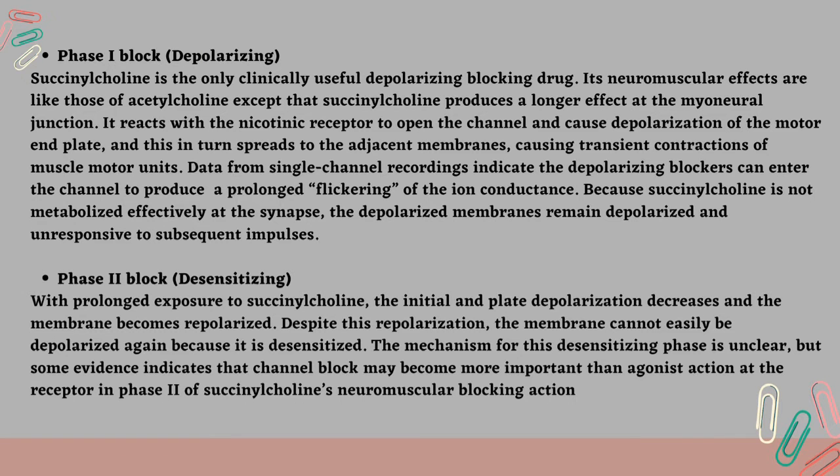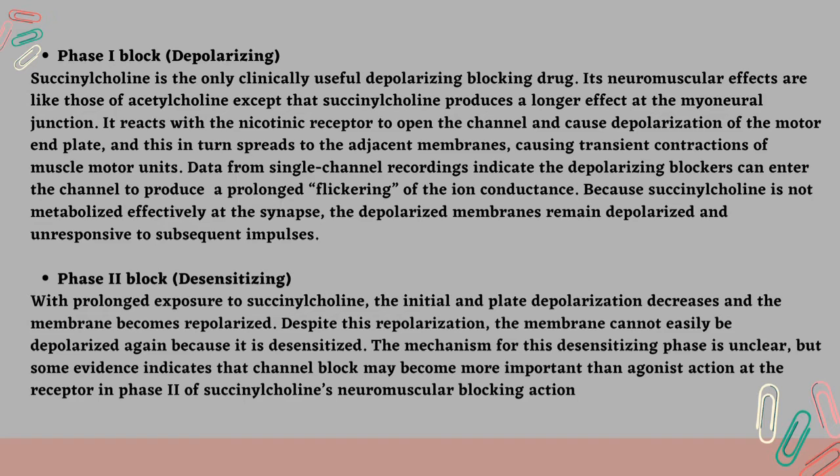Phase 1 block, depolarizing. Succinylcholine is the only clinically useful depolarizing blocking drug. Its neuromuscular effects are like those of acetylcholine, except that succinylcholine produces a longer effect at the myoneural junction. It reacts with the nicotinic receptor to open the channel and cause depolarization of the motor end plate, and this in turn spreads to the adjacent membranes, causing transient contraction of muscle motor units.